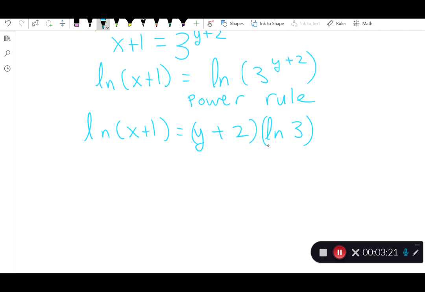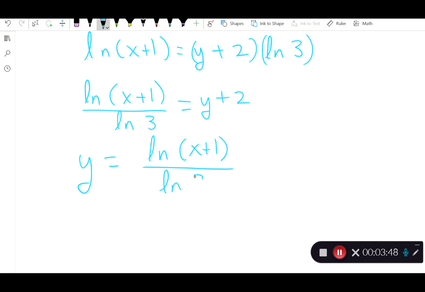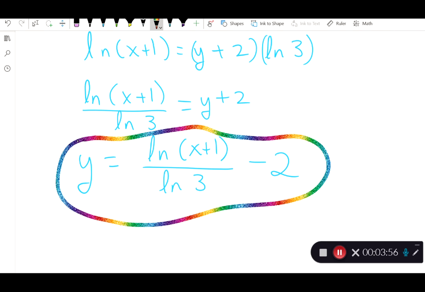We want to solve for y, so let's divide by ln of 3, and we get ln of x plus 1 over ln of 3 equals y plus 2. And then we subtract 2, so we have y equals ln of x plus 1 over ln of 3 minus 2. So I'm circling that one also.